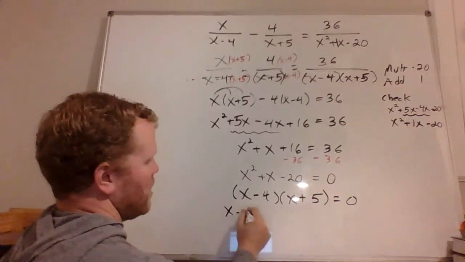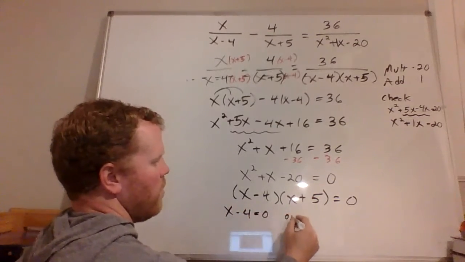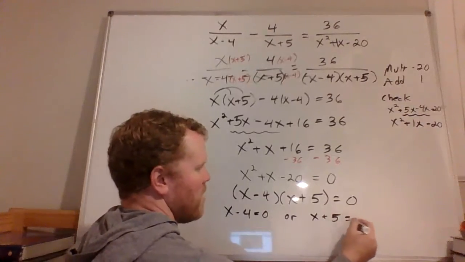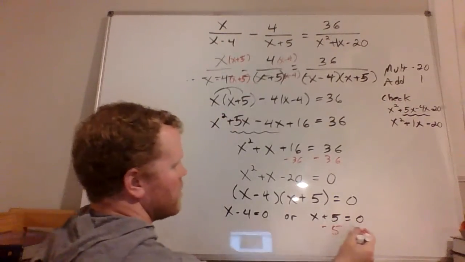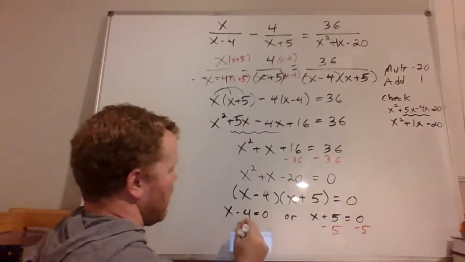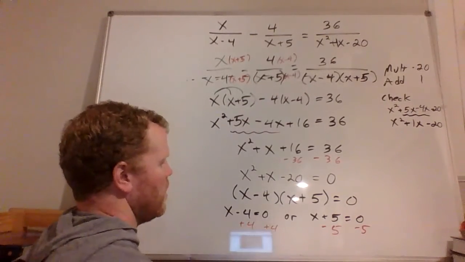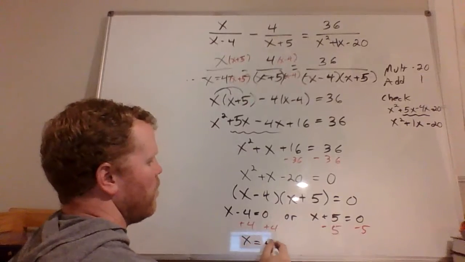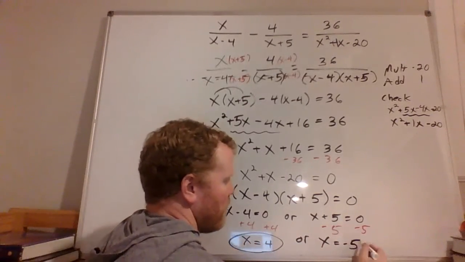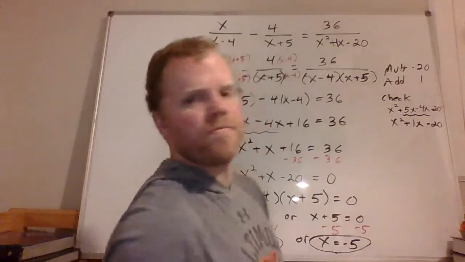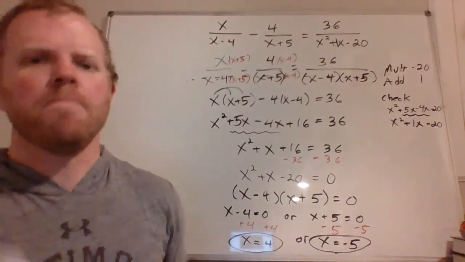So that means x minus 4 is equal to 0, or x plus 5 is equal to 0. Subtract 5, subtract 5, add 4. x equals 4, or x equals negative 5. And we're done? Not quite.